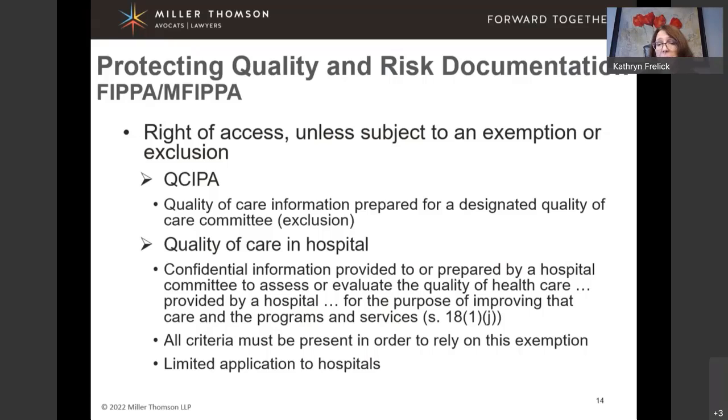And it relates to confidential information that has been provided to or prepared by a hospital committee, and I underline hospital committee, to assess or evaluate the quality of care provided in the hospital for purposes of improving care and programs and services. So all of the criteria need to be met in order for a hospital to rely on this exemption, and there is limited application, so it only applies to hospitals.